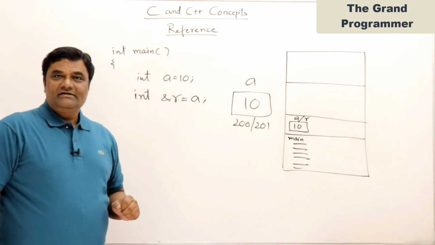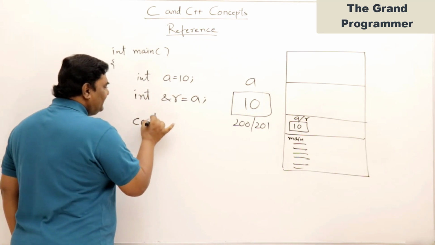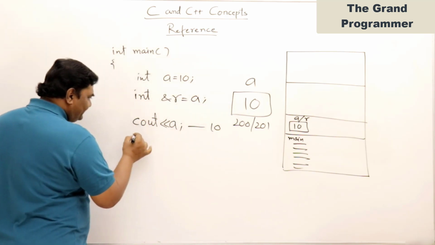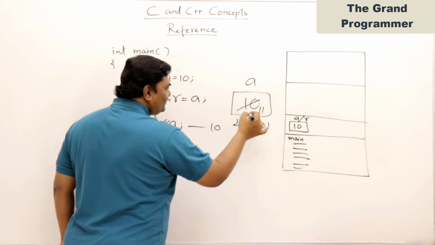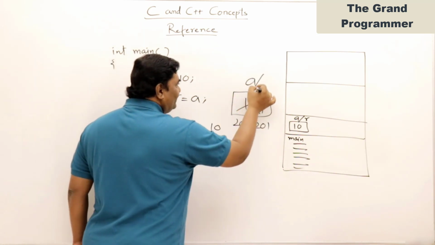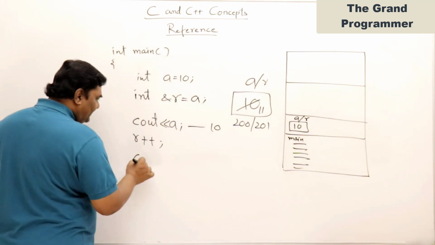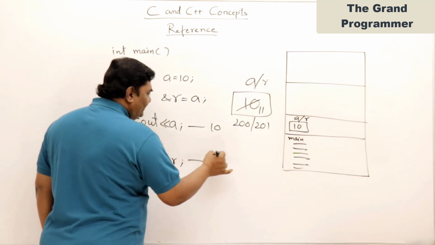That is also 200. So if I print using cout A, I'll get the value 10. And if I say R++, then this means this value is increased to 11, because the same value is R now. So the address of R is also 200. If I say cout R, then it will print the value 11.